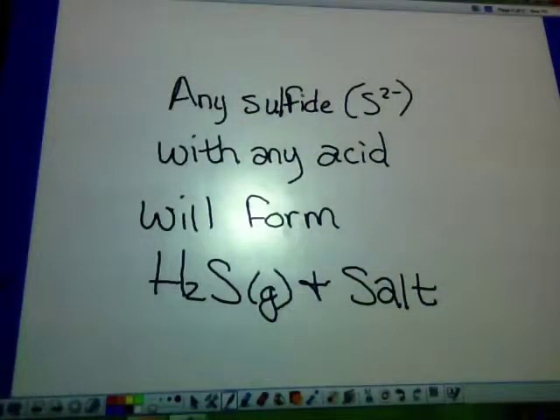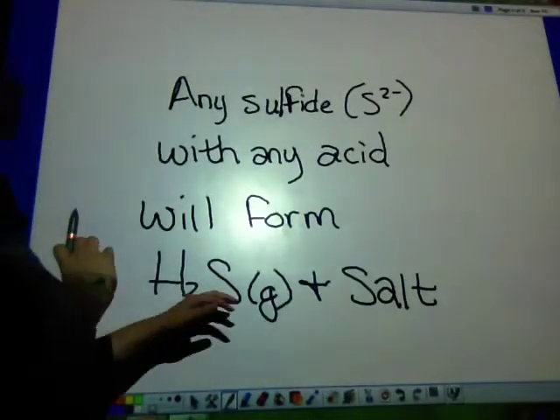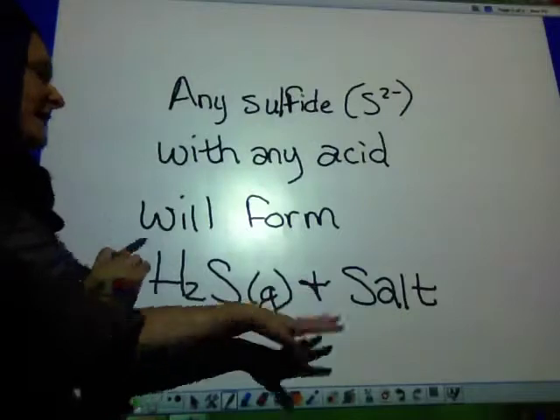Okay, so any sulfide, S2-, with any acid, always is going to form H2S, hydrogen sulfide, which is a gas, and salt. So let's go back and see this one.